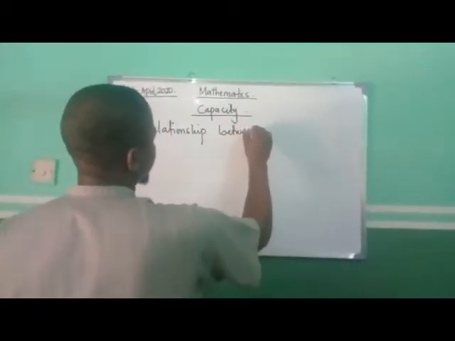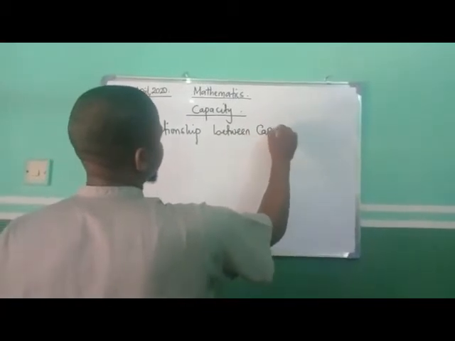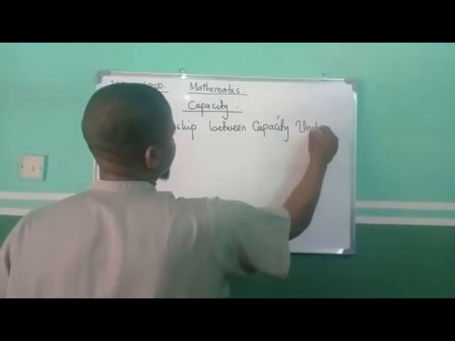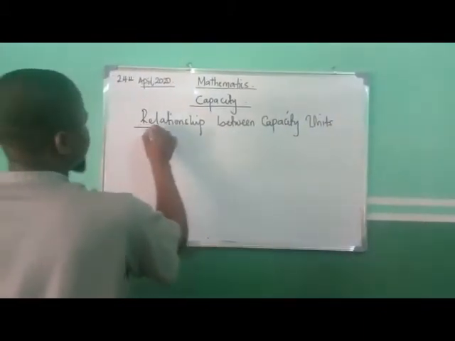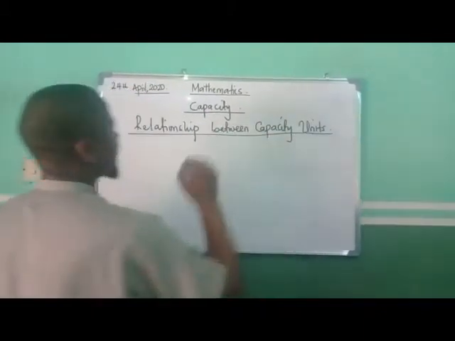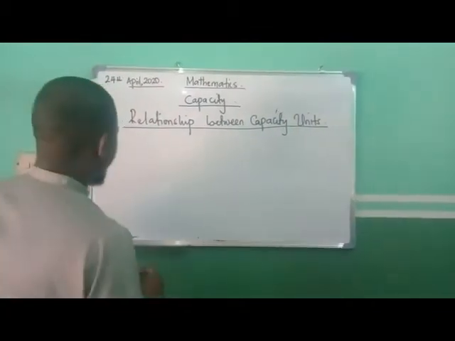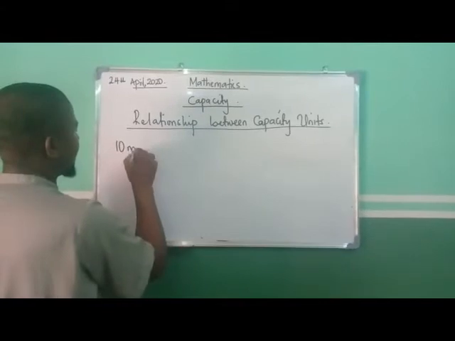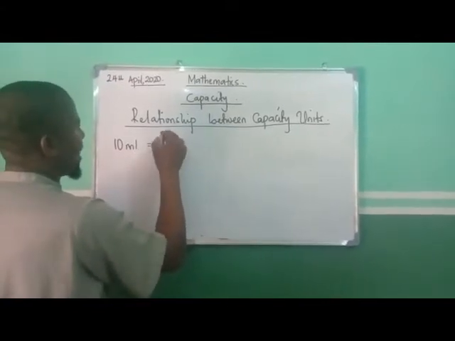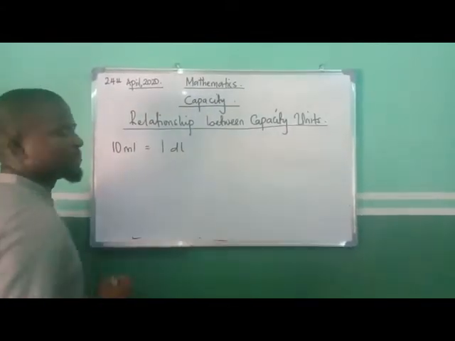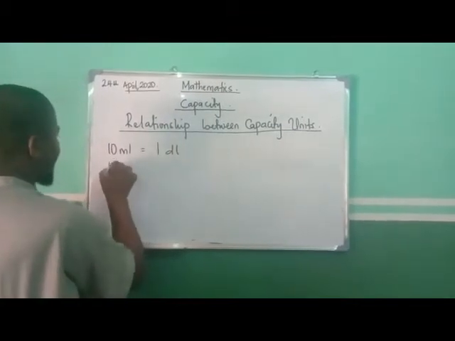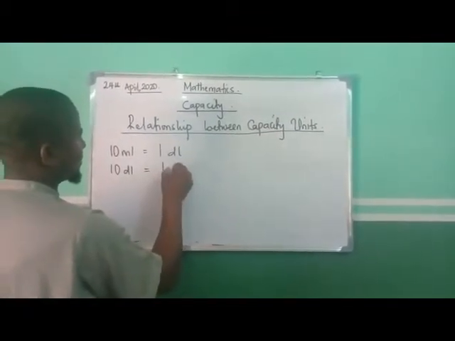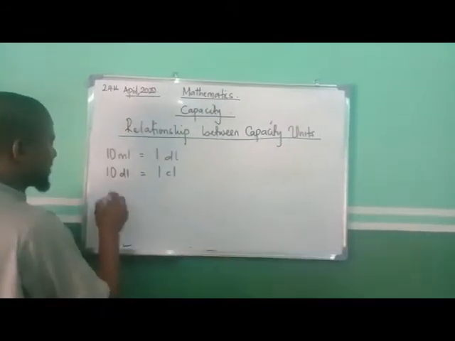Relationship between capacity units. We know very well that 10 mils will give me 1 deciliter. That's the way it is. 10 deciliters will give me 1 centiliter, right?